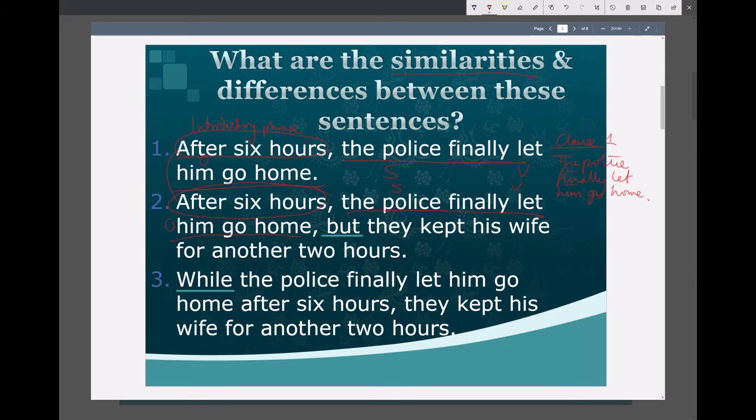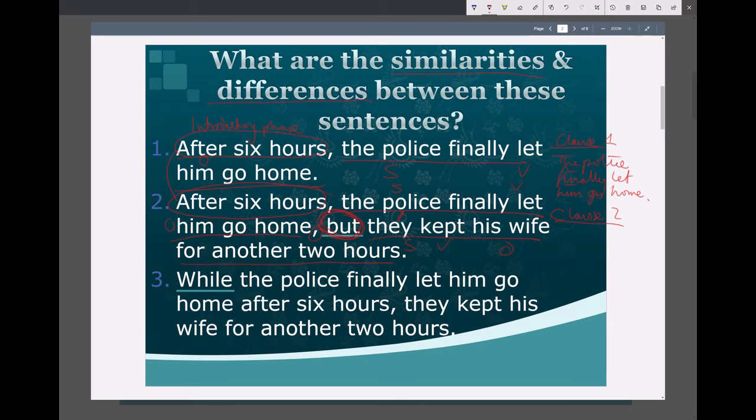Now there's more information. We have a comma and a subordinating conjunction. And this is a contrasting subordinating conjunction. But, okay, so what do we have? They kept his wife for another 2 hours. So they here refers to the police, subject, kept is the verb, and his wife is the object. And the rest of it would form the predicate. Kept his wife for another 2 hours. So we have clause 2 now. So that's a difference between sentence 1 and sentence 2.